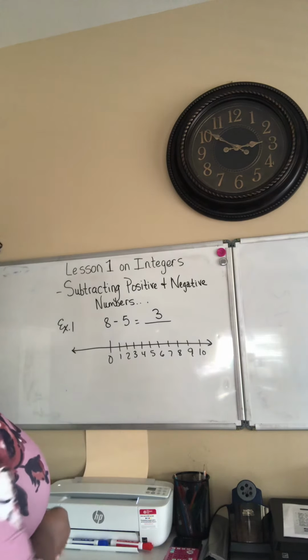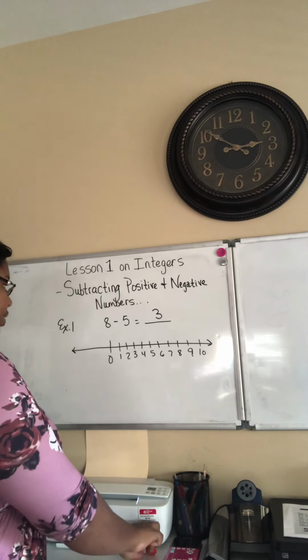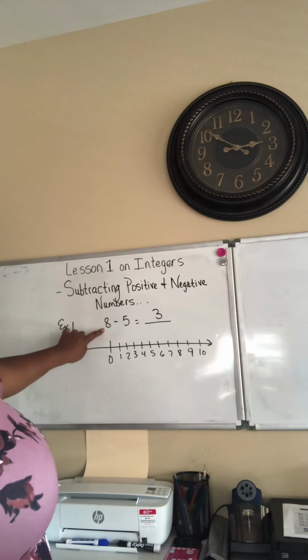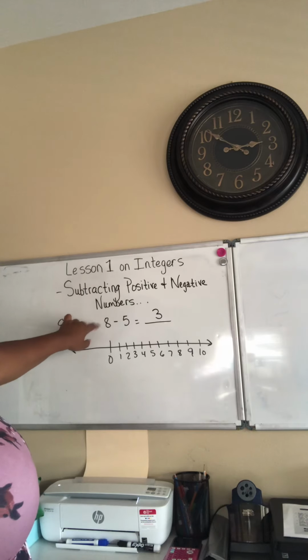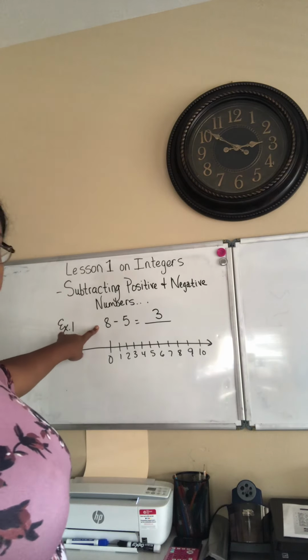So the first number always gets us in position, okay? So the first number is a positive 8. Remember, if it does not have a negative sign, it is considered a positive.